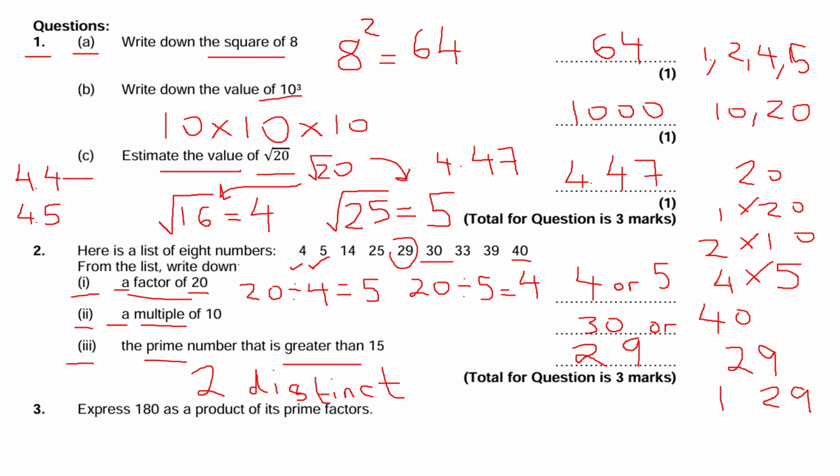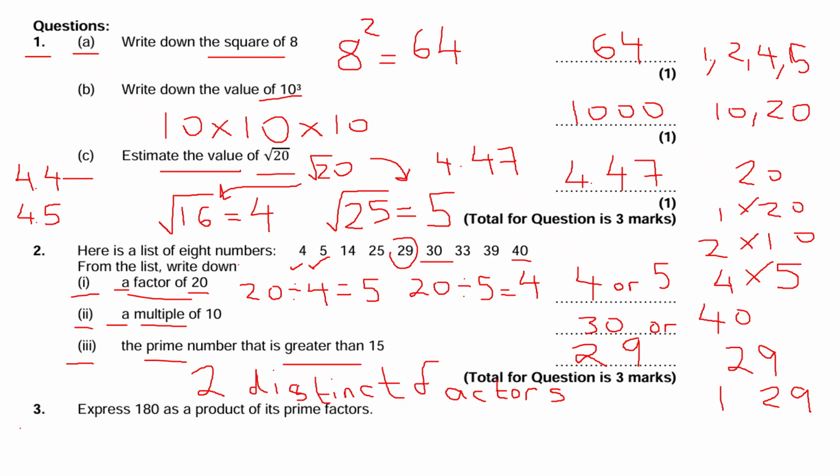So it must have two distinct factors, one and itself, and one is not prime, just to make that point very clear, because one has only one factor, namely 1.